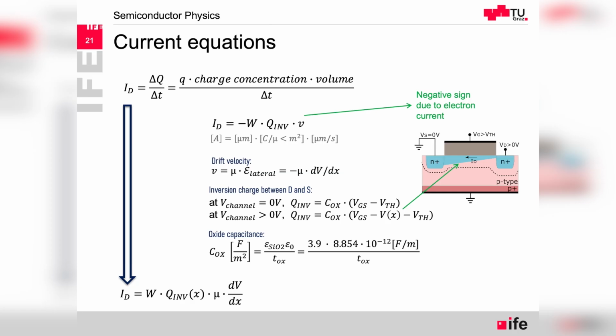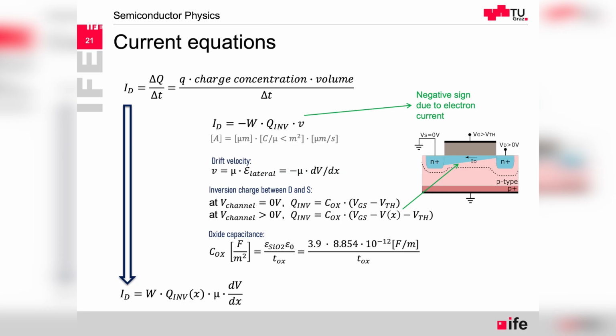So it's delta Q over delta T, which we can also rewrite since we know that our charge carriers have a unit charge of single electrons, and then we can calculate the number of charge carriers. So let's do it like that. We have the Q times the charge concentration per unit volume times the volume. I would like to separate it like that to talk about the volume, because then volume has several components.